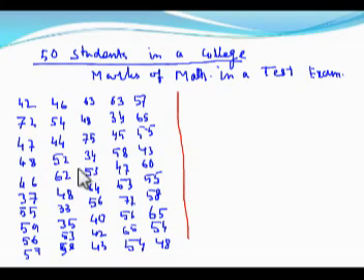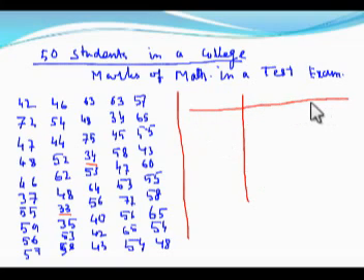The minimum is 33, and no number is less than 33. So you can take a class limit, we are drawing in this way. This is the telemarks and frequency distribution table.